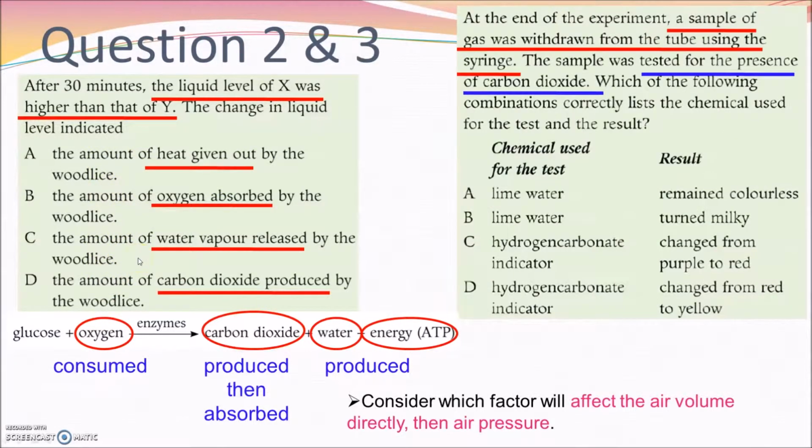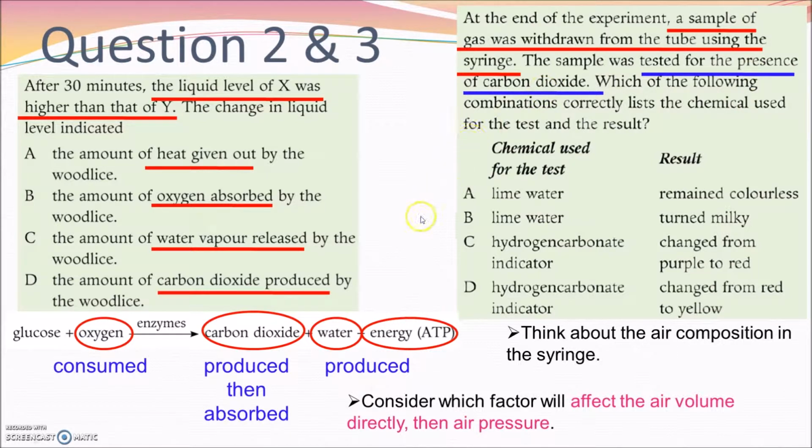For question 3, it's talking about if we withdraw the gas from the syringe and then test the presence of carbon dioxide. Which combination will be correct? Remember that what we are going to talk about is the air composition, the presence of carbon dioxide. I'm not talking about the concentration.